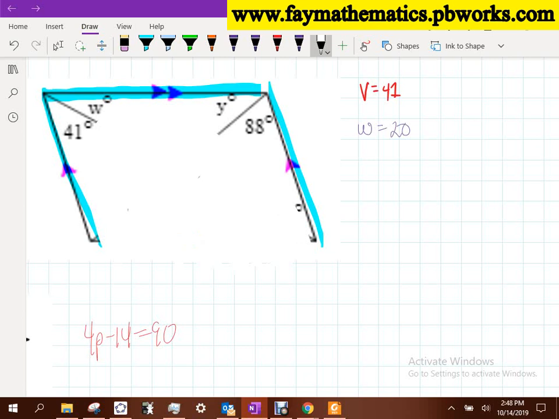Okay, now I don't want to erase all of this up here because I want us to realize that that angle there and that angle there, would you guys agree that they make that angle? 41 and W make that angle, right? So what would be an expression for this angle here?